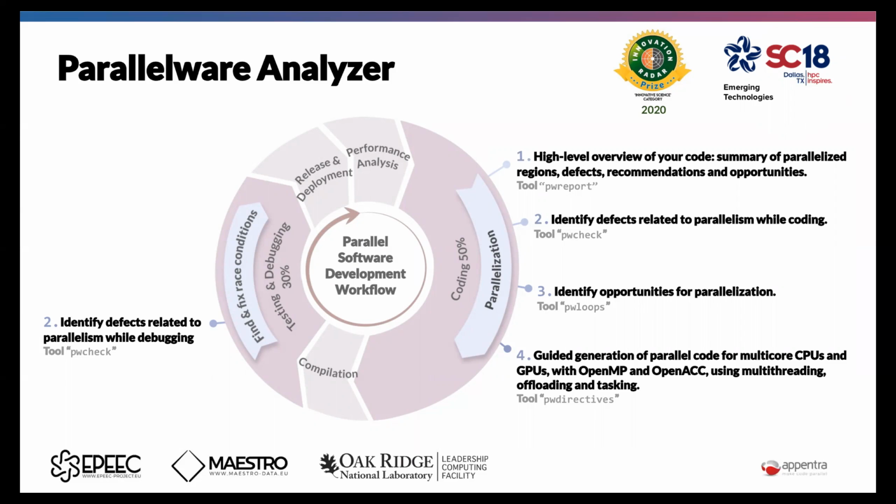So you have 4 tools in the suite at this moment: PW report, PW check, PW loops, and PW directives. All of this, Parallelware Analyzer, has been developed in conjunction with partners in the PIC and Maestro projects in the European Union.